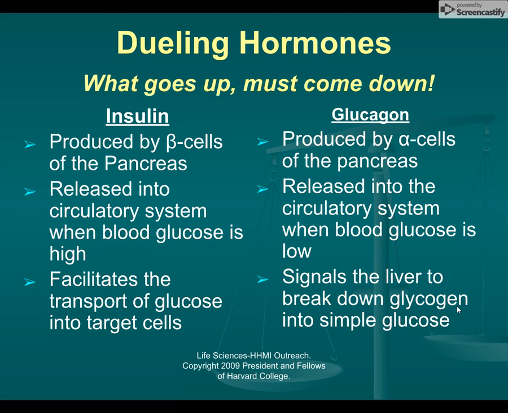Glycogen is a complex molecule made up of glucose. When we break down glycogen in our liver, we can send it out into our bloodstream as glucose. So if you start to have low blood glucose levels, you'll break down glycogen and release it into your bloodstream.